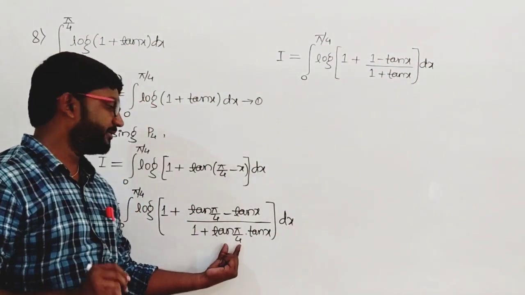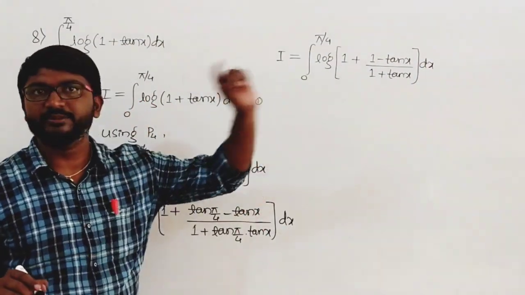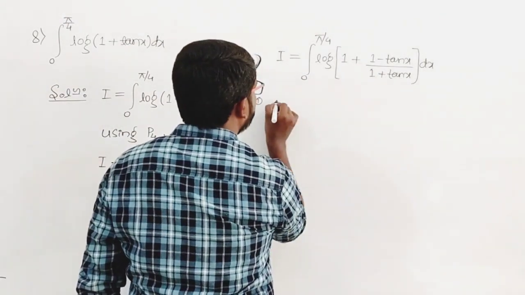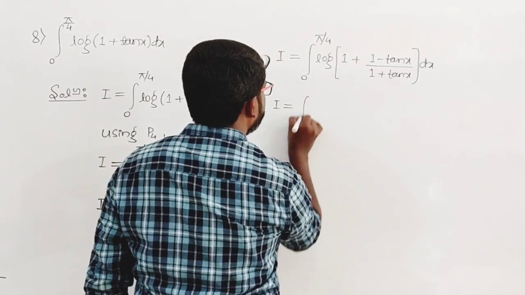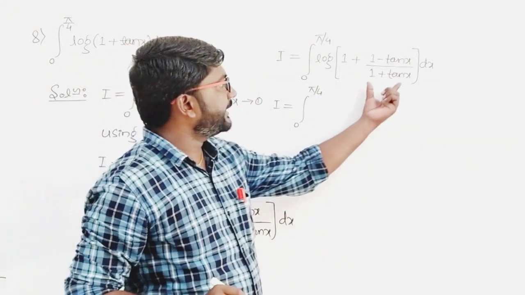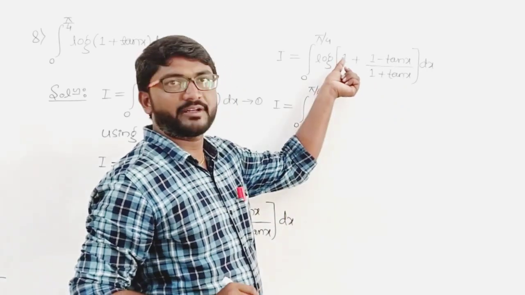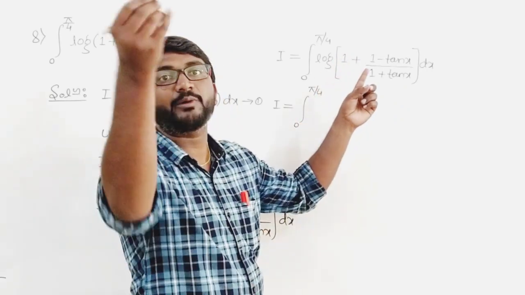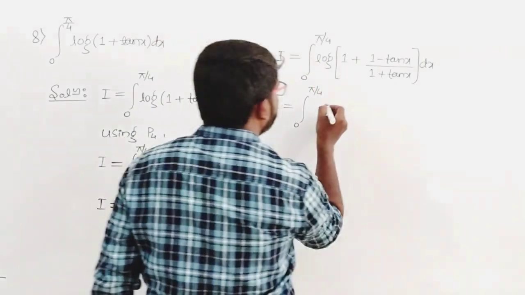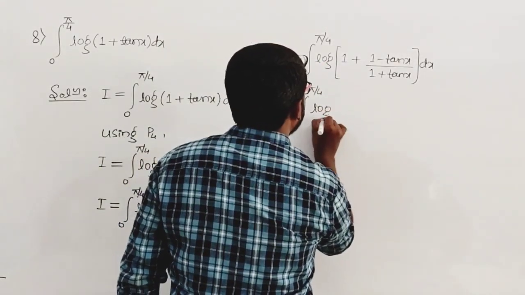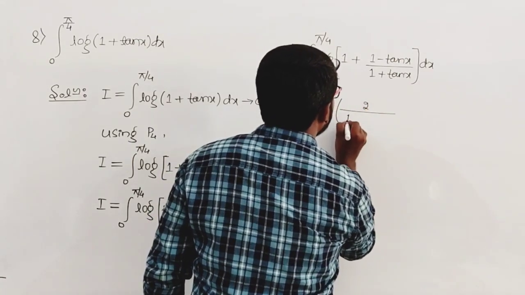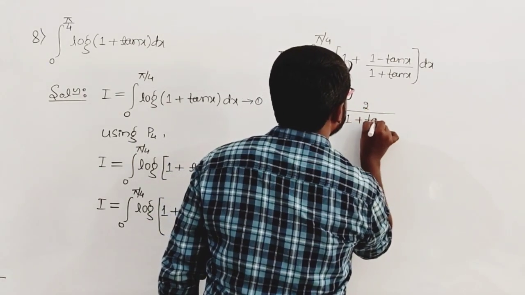So here tan pi by 4 is 1 into tan x, it is tan x, that's what I have written. Then now take up the LCM, this will be multiplied with 1. So we get 1 plus tan x plus 1 minus tan x. So plus tan x minus tan x get cancelled, 1 plus 1 will be 2. So we have log of 2 divided by (1 plus tan x) dx.